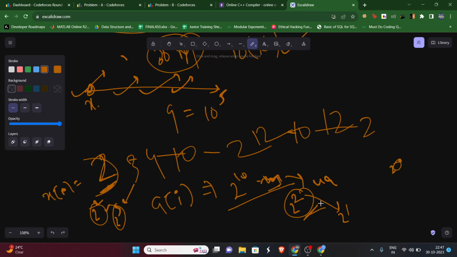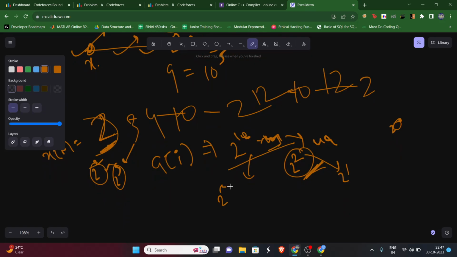But we know that here it was 2 to the power 10, and we could have divided it by 2 to the power 3, or 2 to the power 10 itself. Then in that scenario it could have been, let's say, 9 or 8 or 7, anything. So if we would have divided directly by 2 to the power 2, then we might have missed these values, right?